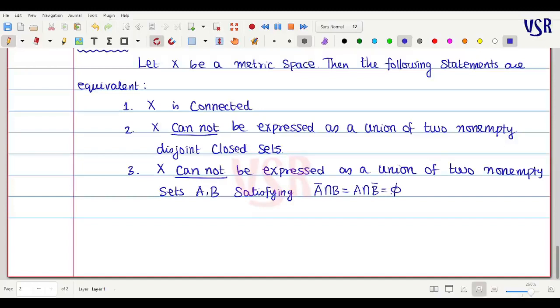And number four, we are going to show that the whole set capital X and the empty set are the only sets which are both open and closed.